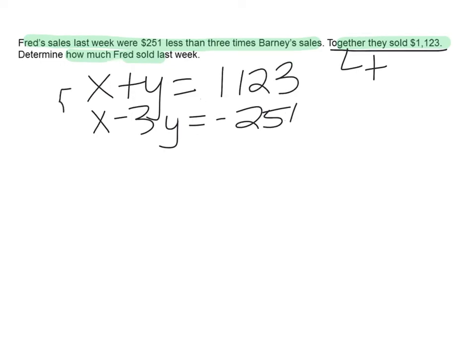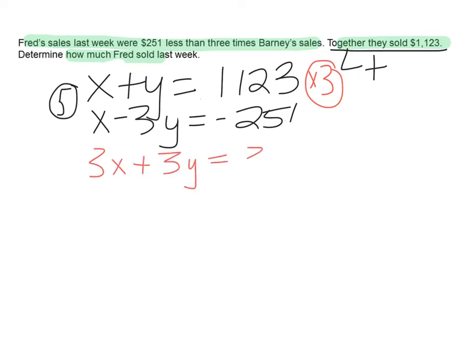In step number 5, we're going to go ahead and add our equations together to isolate a variable here. So by looking at these equations, our best bet is to multiply this first equation by 3. So that would give us 3x plus 3y is equal to 3,369.